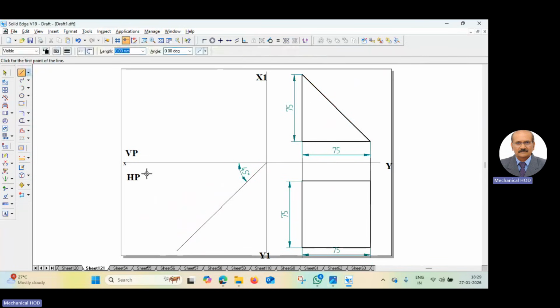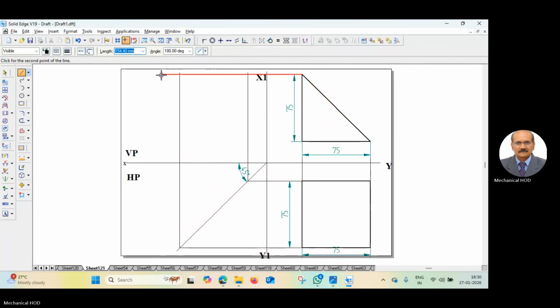Okay. Now project. This is the side view.